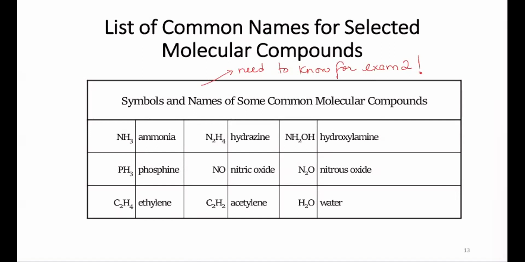You need to know what is the chemical formula and what's the name. So you need to know that NH3 is ammonia. It is not ammonium. Ammonium is a polyatomic ion, so don't confuse those two. They're cousins of each other. Actually, ammonium comes from ammonia, but please do not confuse them.